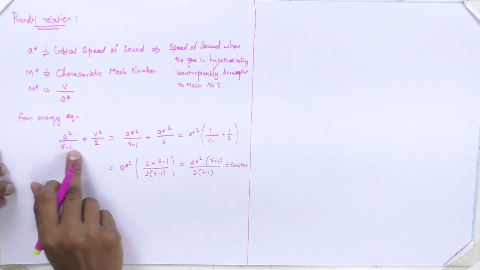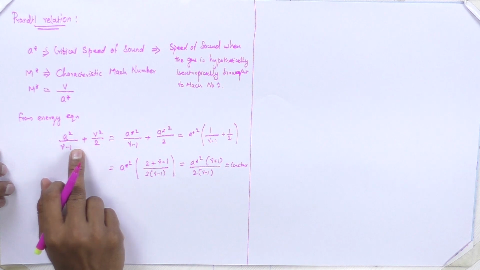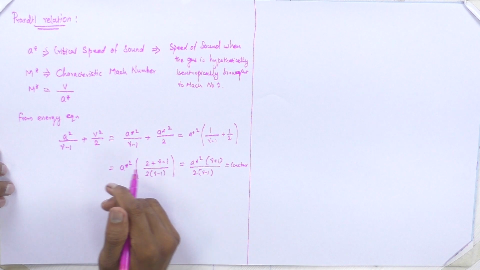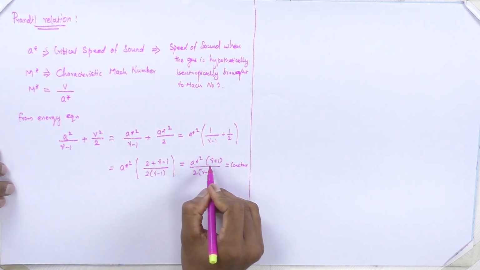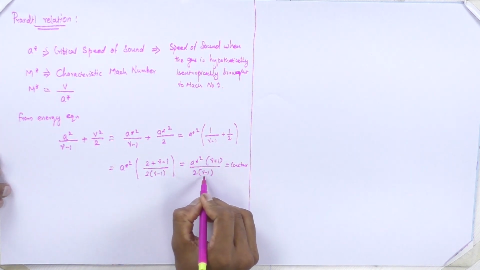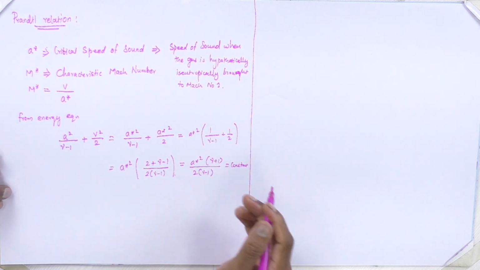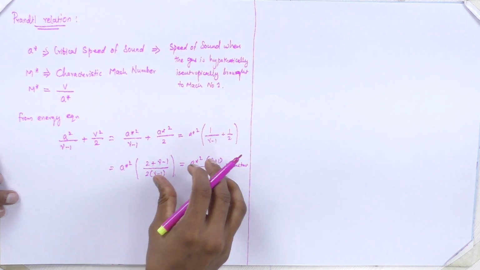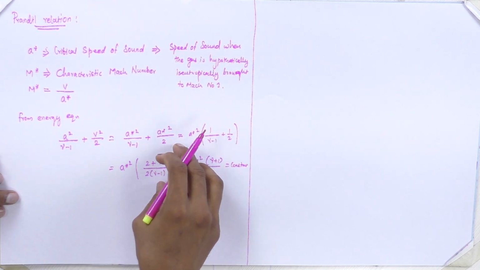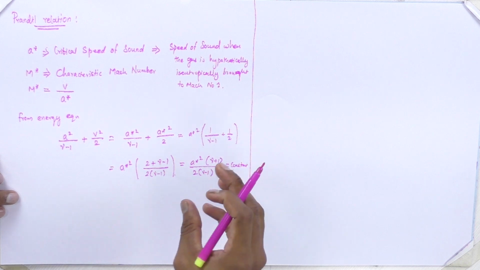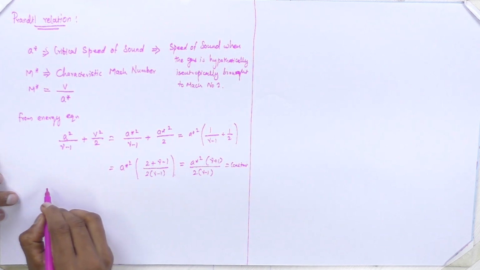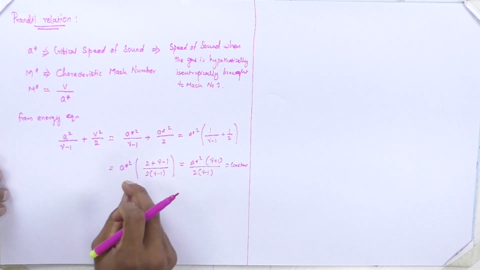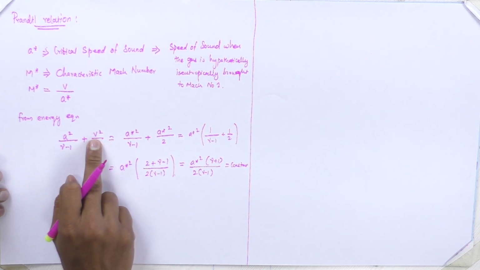So if a fluid element is brought to Mach number 1 hypothetically and isentropically, it will be in the form of A star squared into gamma plus 1 divided by 2 into gamma minus 1. This will be constant at each and every point, valid only within region 1. Similarly, we can get it for region 2 also. Now, to get the Mach number terms, he divided this equation by velocity.